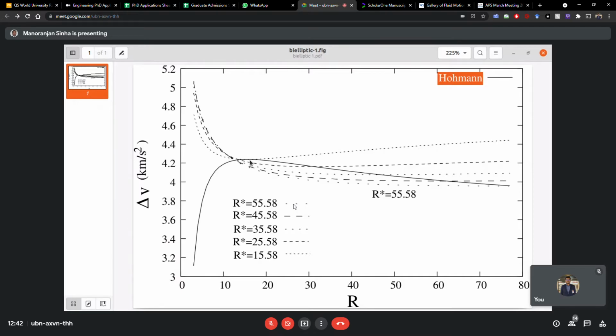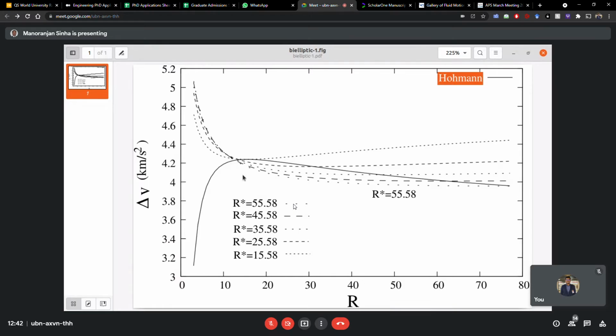Obviously, this curve lies above the Hohmann transfer curve till a certain value of n, or here in this figure, capital R. After that, which one will be better becomes a little ambiguous, so that needs to be tested further. We will discuss those issues later on.